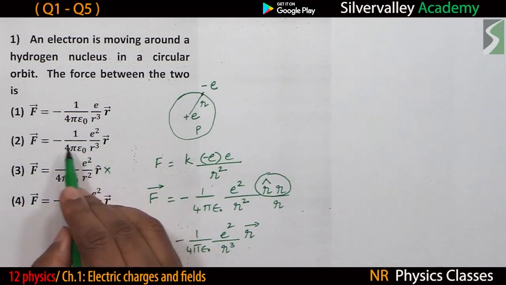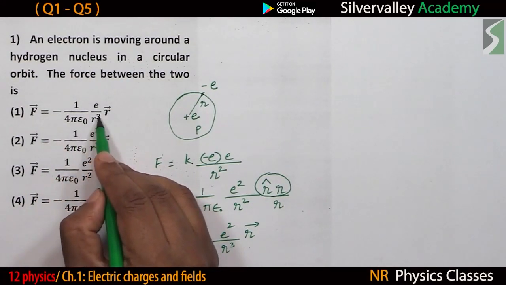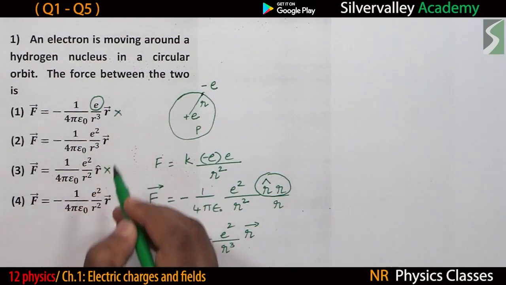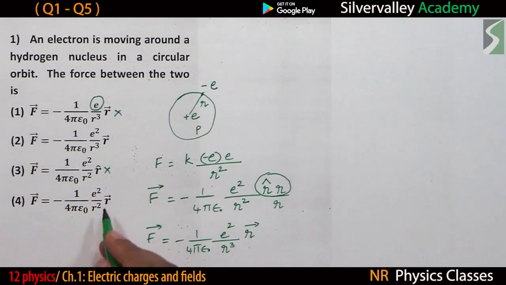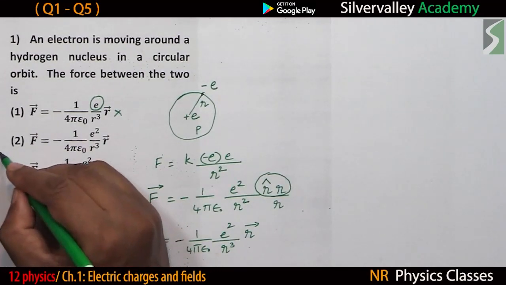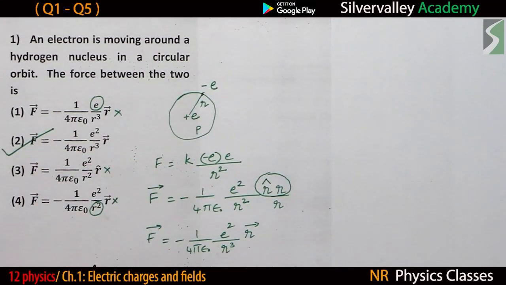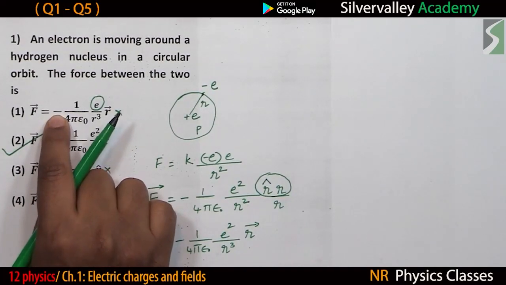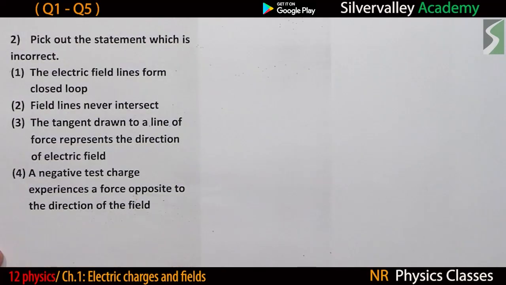But e square is absent in the other option, vector r by r square. Therefore, the negative sign represents attraction, an attractive force. If the force is between two like charges, then we get positive.